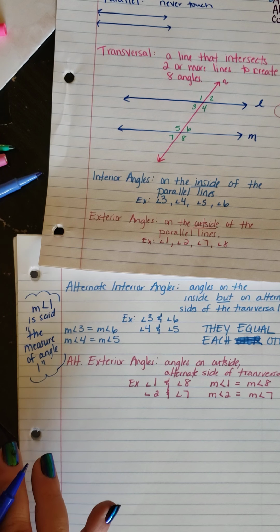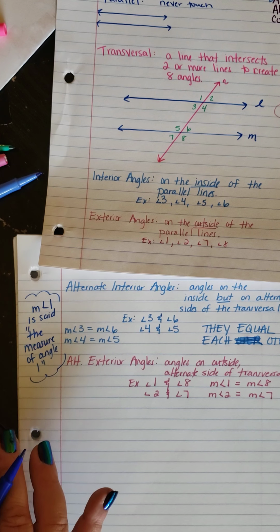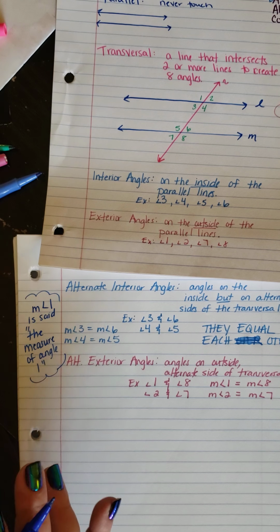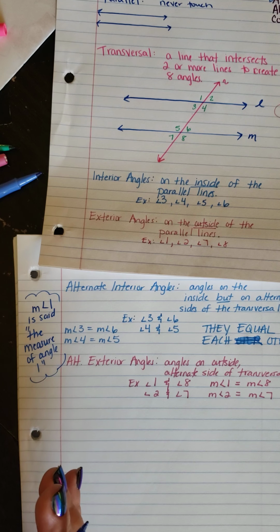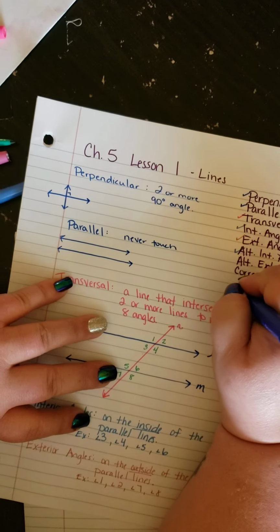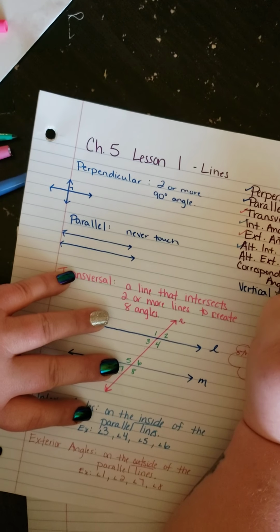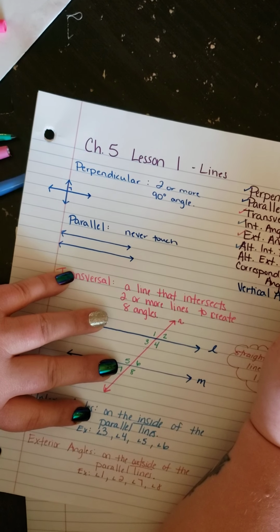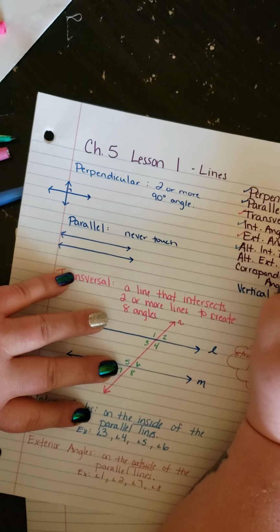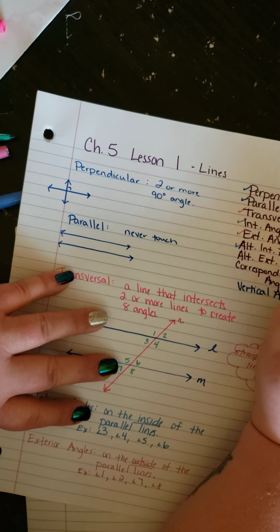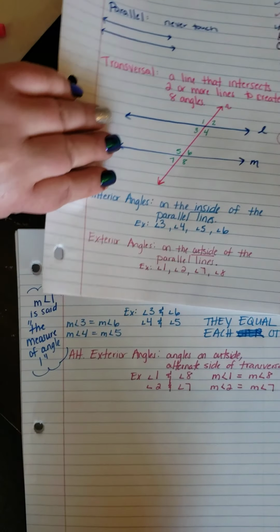I think I'm going to tell you anyway, just in case you see this word. You probably have already seen it, but we'll go over that one too. Another one that we're going to go over is actually called vertical angles. I think I totally spelled angles wrong on that one. Wow, my spelling is super awesome today.